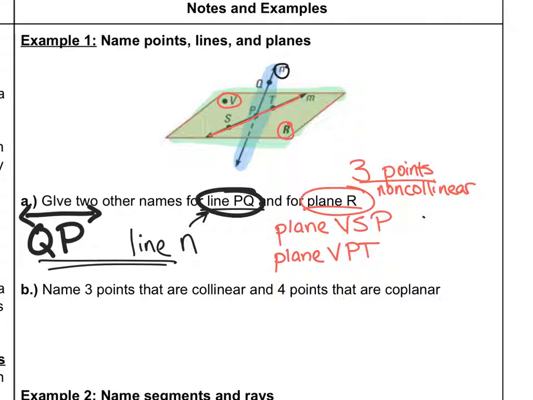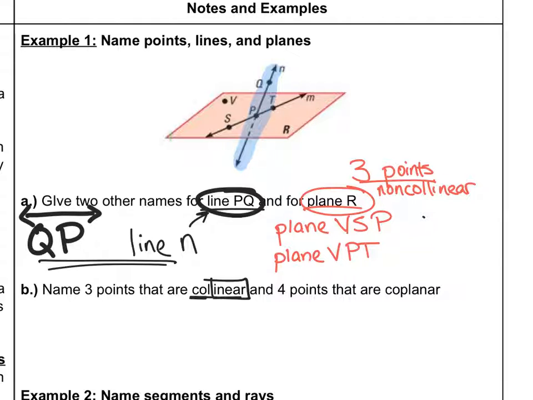Next question asks, name 3 points that are collinear and 4 points that are coplanar. So, collinear, it's all in the name. Co meaning the same, linear meaning the same line. So I'm looking for 3 points that are on the same line.